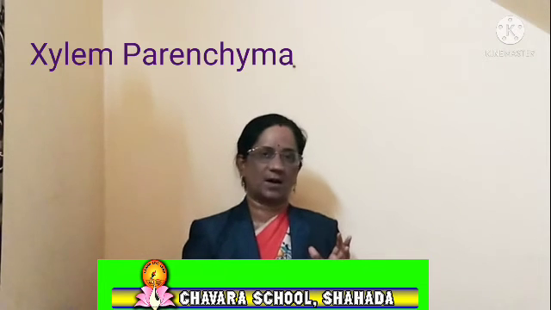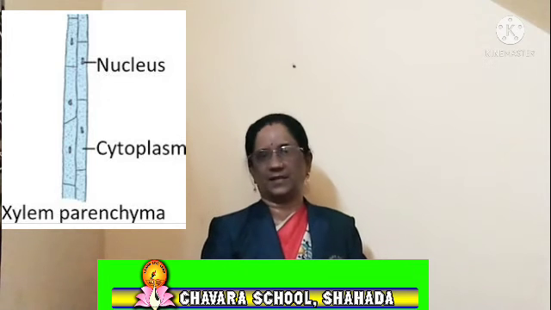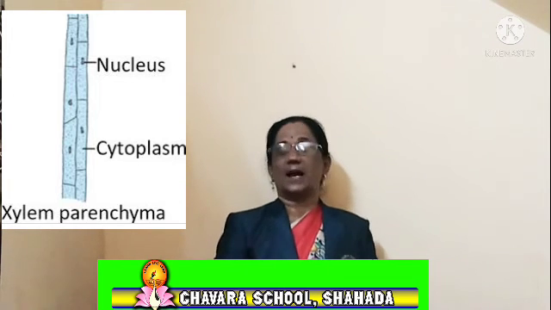The third cell is the xylem parenchyma. Xylem parenchyma help to store food material. These are also elongated cells. Xylem fibers give mechanical support to the plant. So these are the four cells of the xylem tissue.